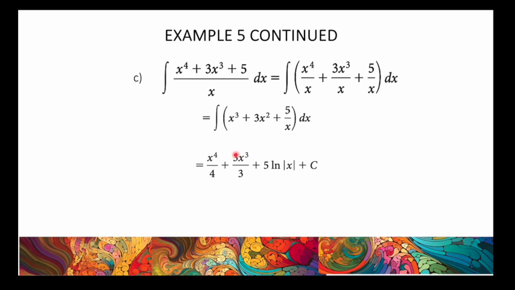And this 3 comes down here, and then this 3 and this 3 can cancel. And then we have plus 5 times the natural logarithm of the absolute value of x plus c. Now, in this question, it doesn't tell us that the values of x are going to be for sure positive. So we have to leave the absolute values in there.